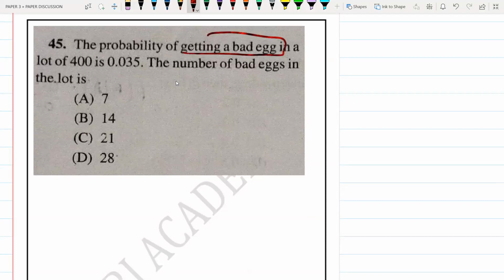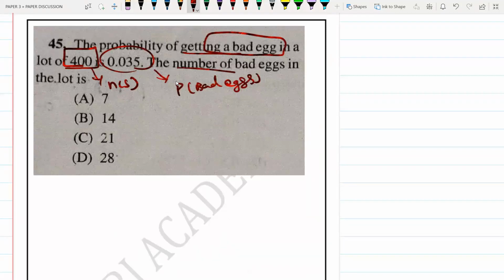The last 6 questions. Probability of getting a bad egg in a lot of 400. That is, the lot is going to be n of x. The probability of bad eggs is already given. They are asking the number of bad eggs. The probability of bad eggs is nothing but the number of bad eggs divided by the total number, that is n of x, the total sample space.